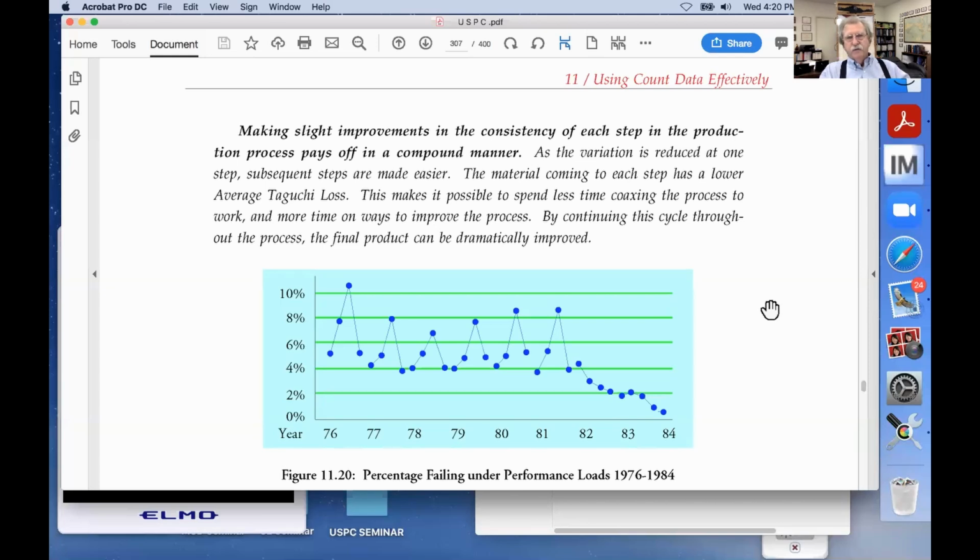Aristotle taught us the time to discover what causes affect your system is to study those points where the system changes. And the process behavior chart is a systematic way to do just that.